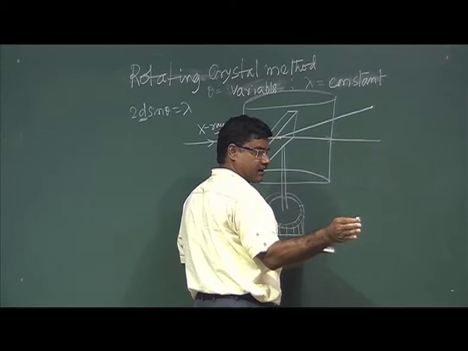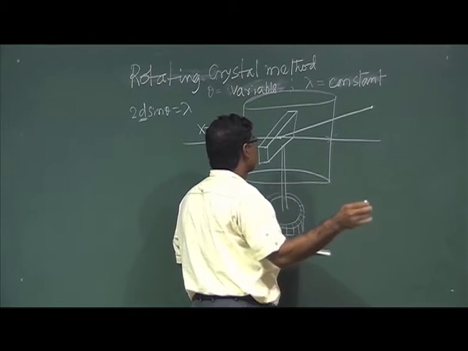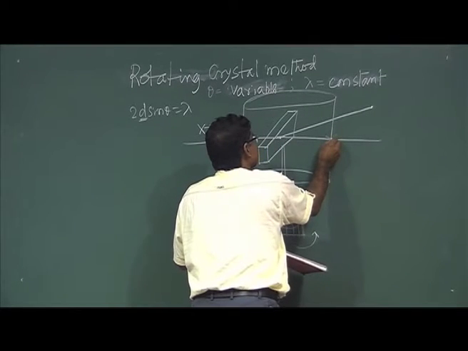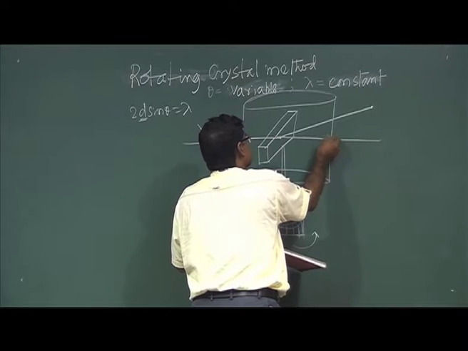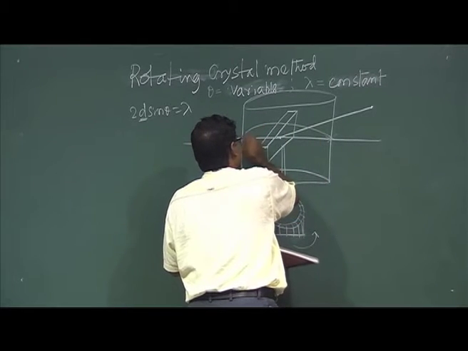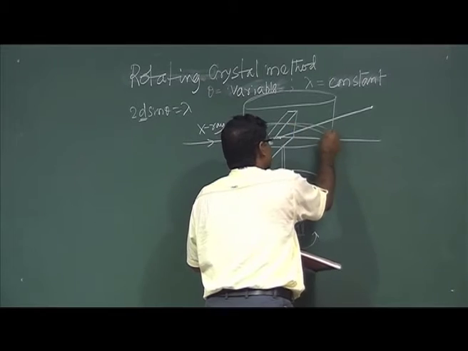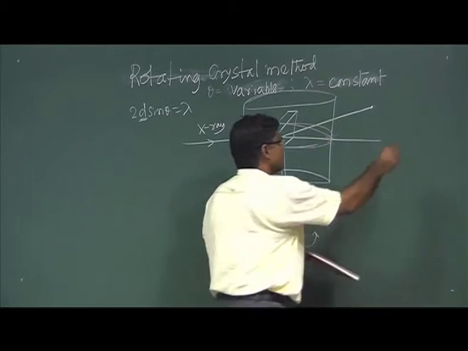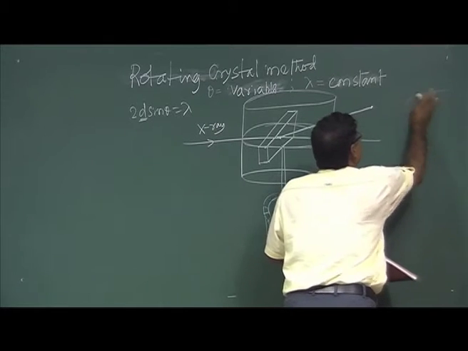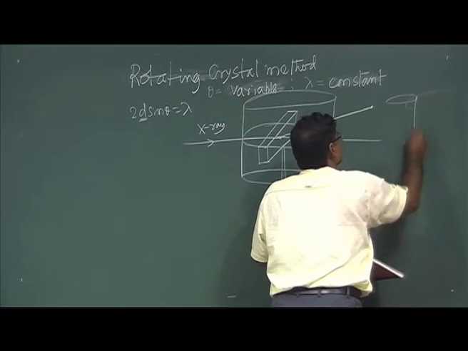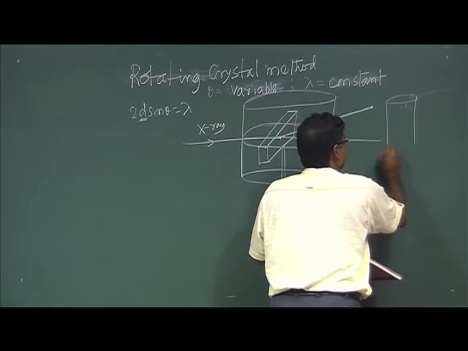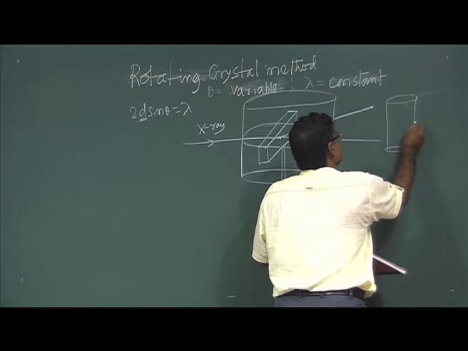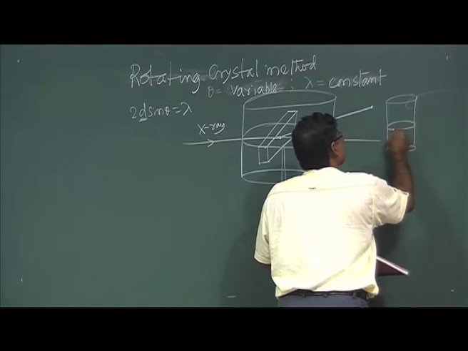So here basically, for these planes in a zone, you will get all spots on this circle, right. So if I draw here, okay, it will be on this circle, this horizontal circle.